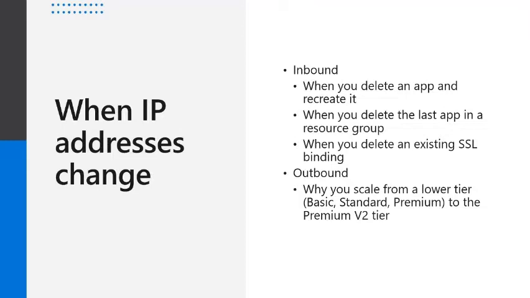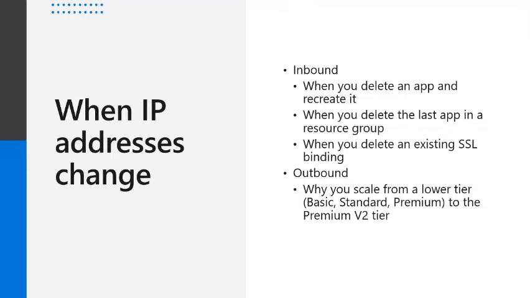If you delete it, you lose your inbound IP address, of course. Also, delete the last app in the resource group and region combination and recreate it. If you delete an existing SSL binding, such as during certificate renewal, then also you lose your inbound IP address.